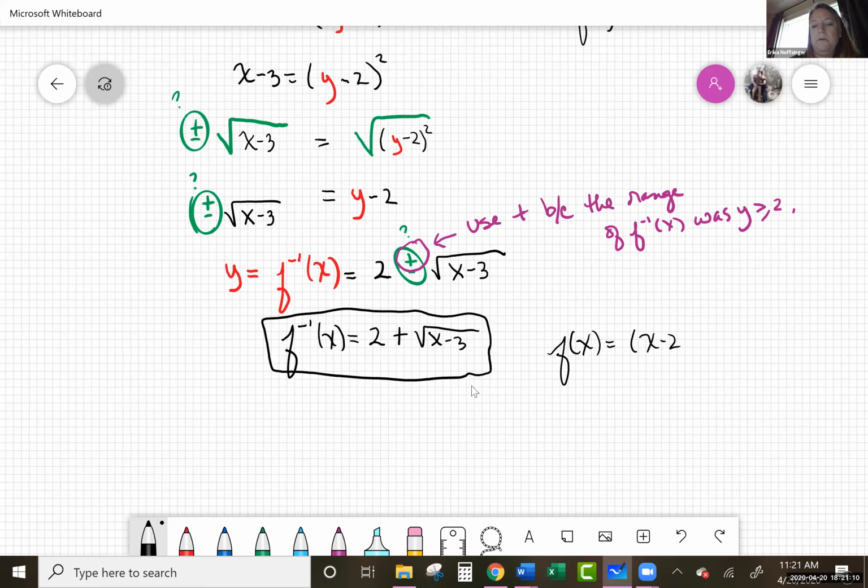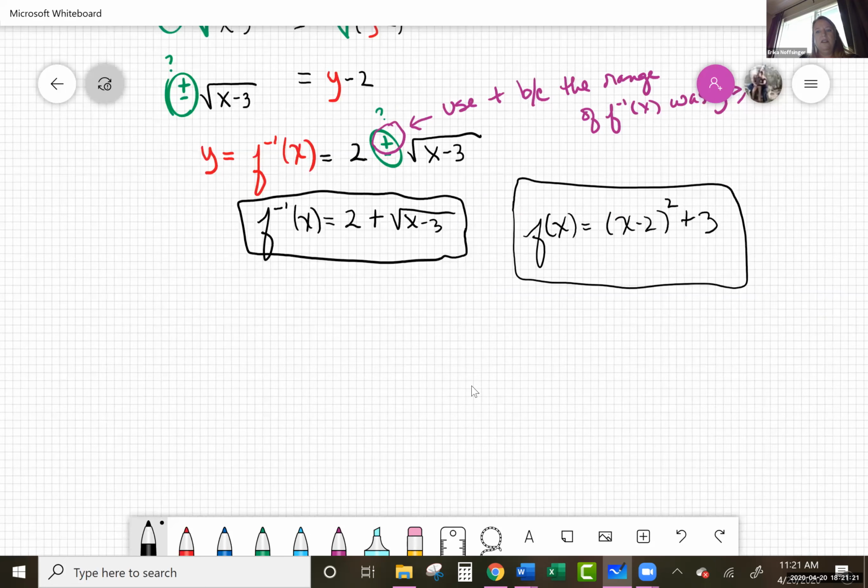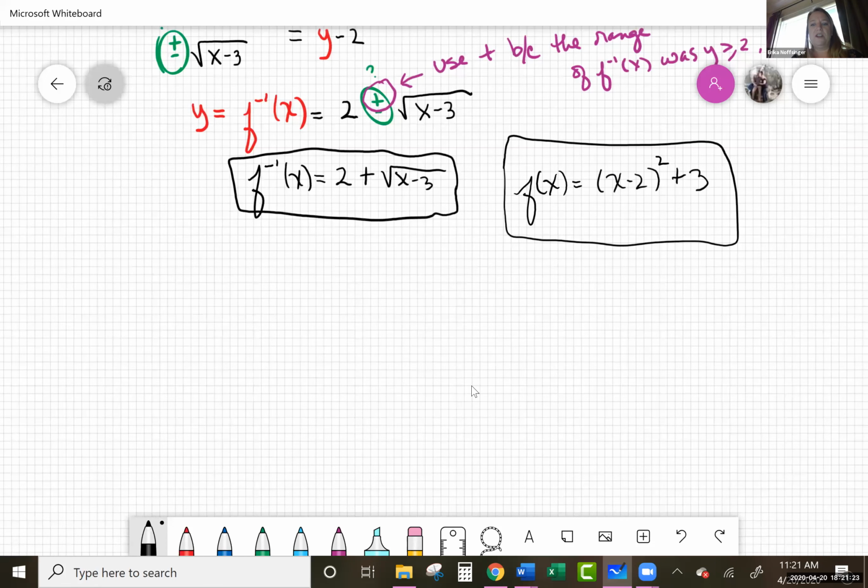So let's just, for sake of practice, look at the composition of f of x and f inverse of x. It doesn't matter what direction you do it in.